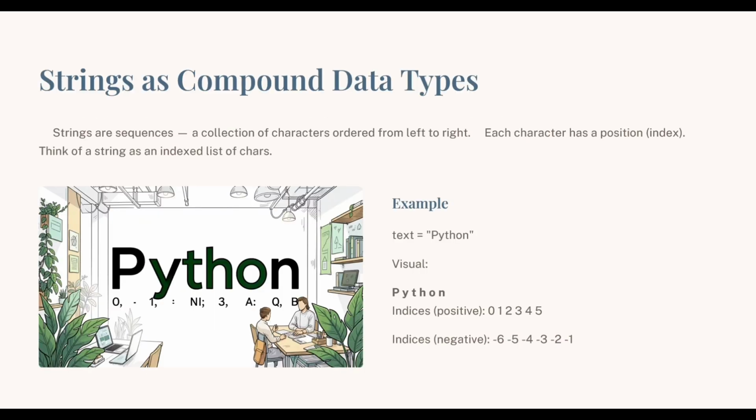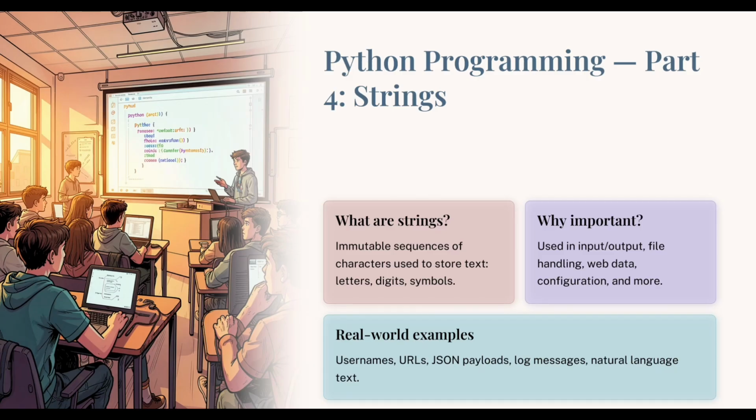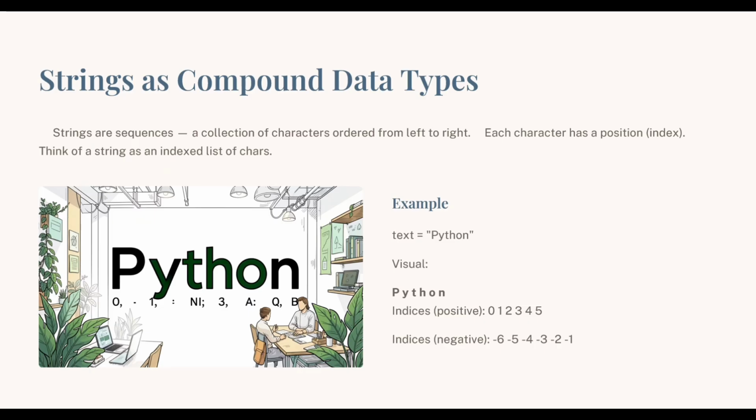Okay, string indexing. Indexing means accessing individual characters using their position. Python uses zero-based indexing. This means the first character, like P, has index 0. Let's take text is equal to Python.